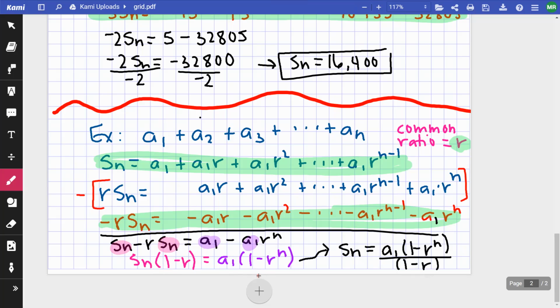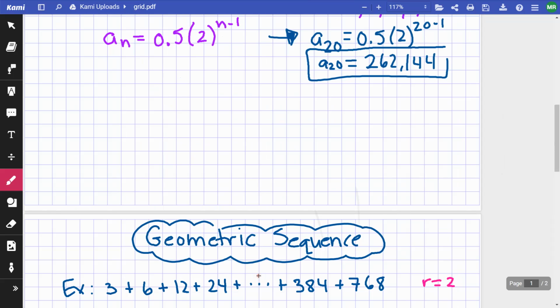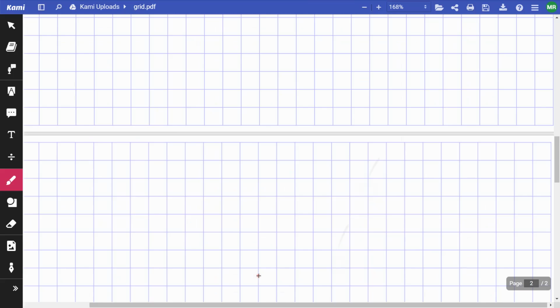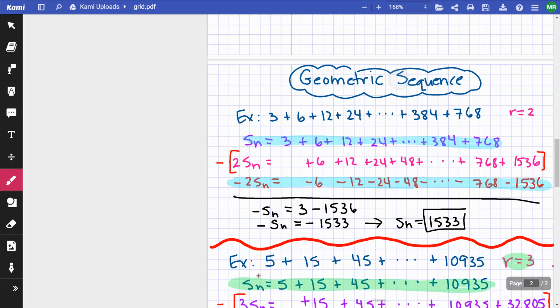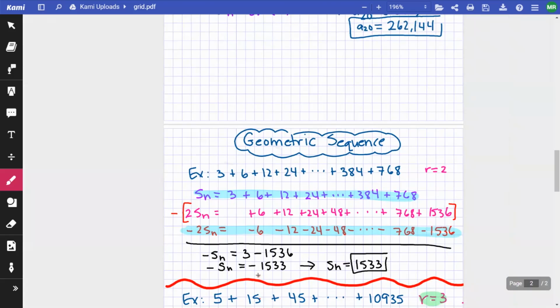This equation that I just got here is the equation to find the sum of a finite geometric series. So let me just put up here, I don't think I wrote it up here. Did I write the word sequence again? That's a mistake. I apologize about that. It's not going to be sequence. This was a series.